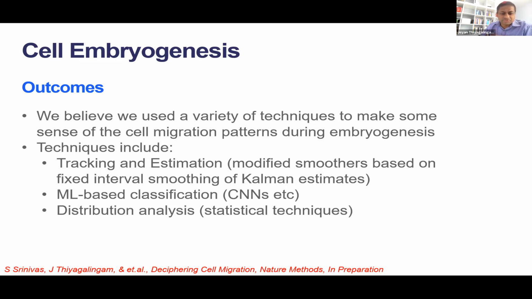For example, we have used novel, newly developed techniques for tracking and estimation of very closely resembling targets. I don't know whether any of you have a background in tracking and estimation. These are targets moving around in groups, in some sort of coordination.